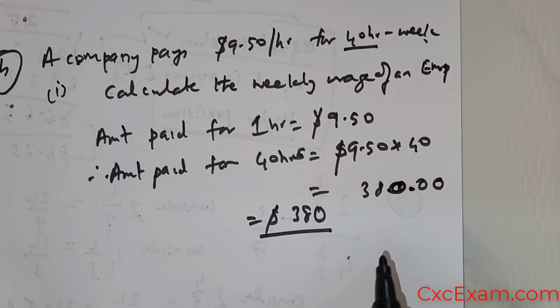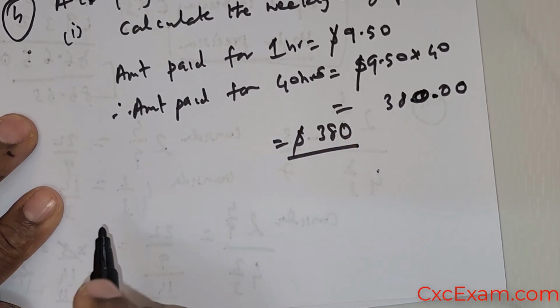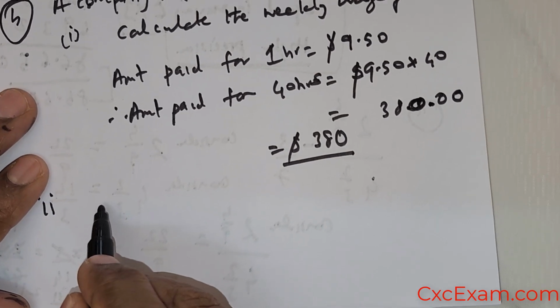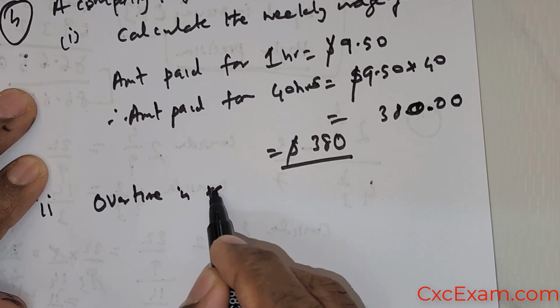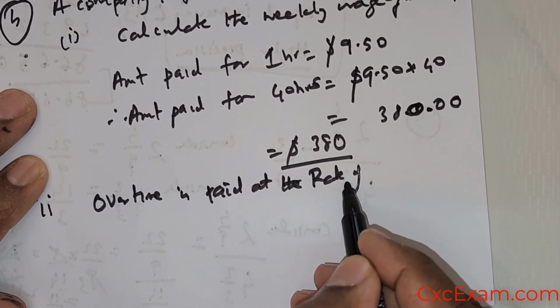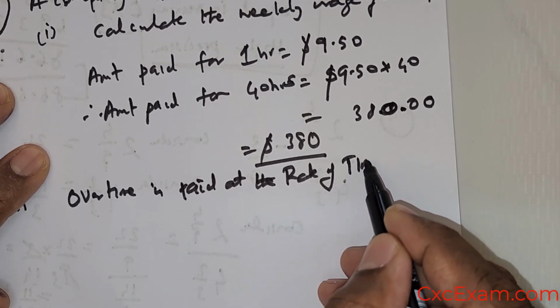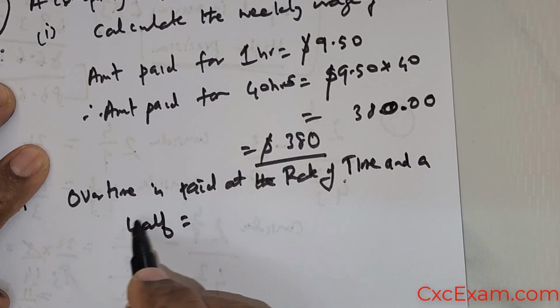Now let's read the question. The question says overtime is paid at the rate of time and a half. So what is the meaning of this?